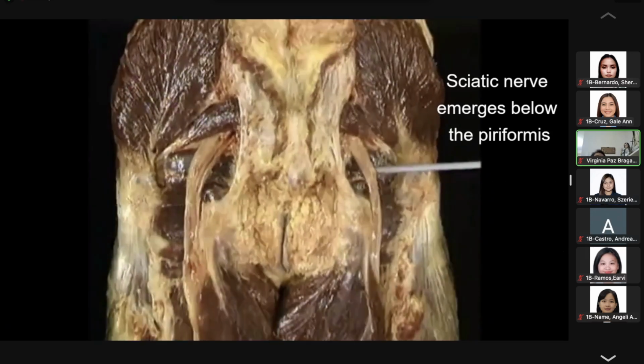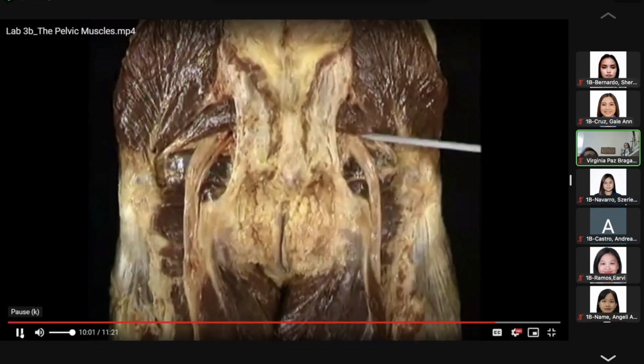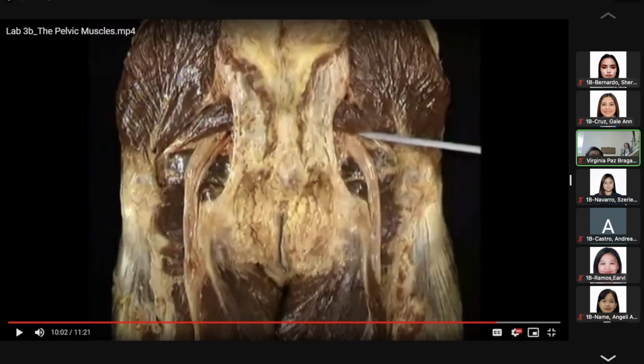Here's the sciatic nerve, emerging below piriformis. Just to cite, the more common orientation is that the sciatic nerve emerges posteriorly below the piriformis. However, there are normal variations that can occur when you encounter cadaver dissection.